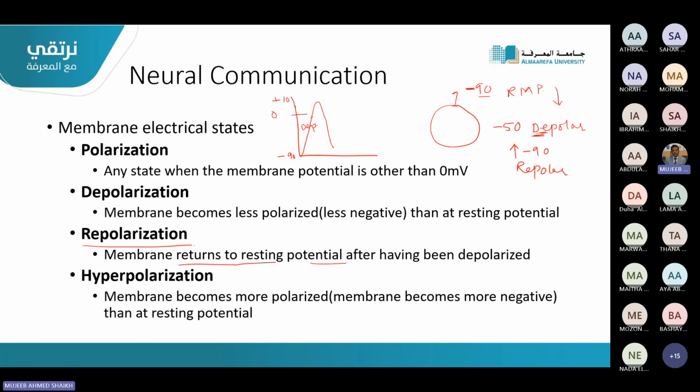If it is coming back towards the resting membrane potential, it is called repolarization. And if it is becoming more negative than the resting state, minus 90, it may be minus 100, this is called hyperpolarization.